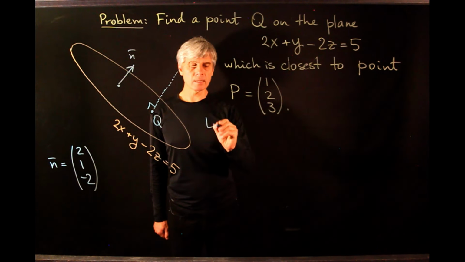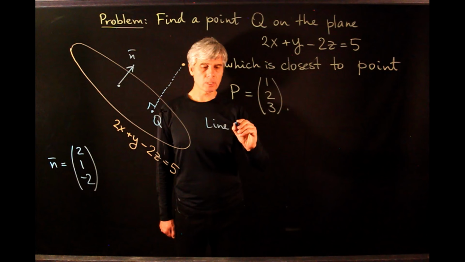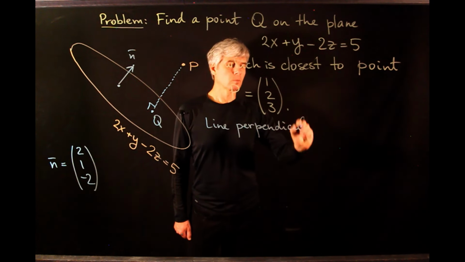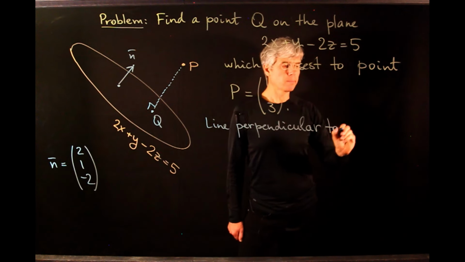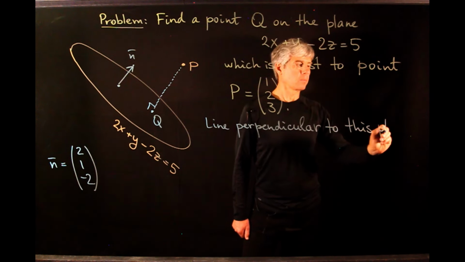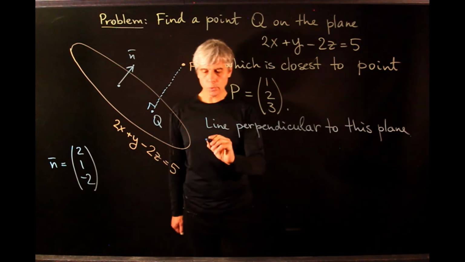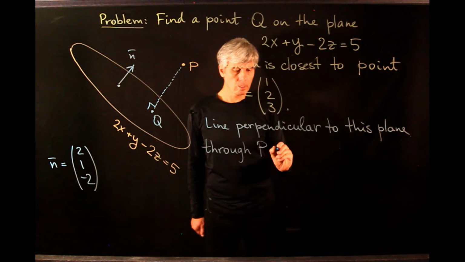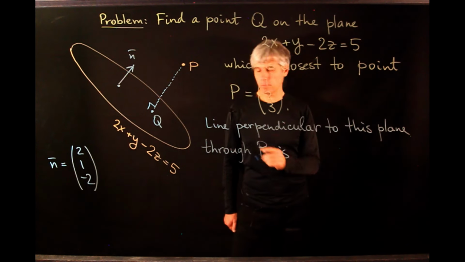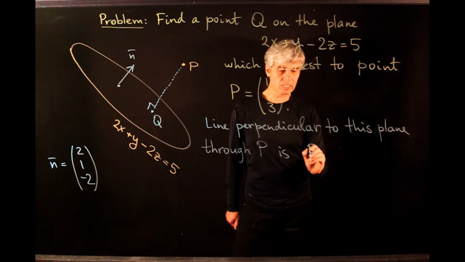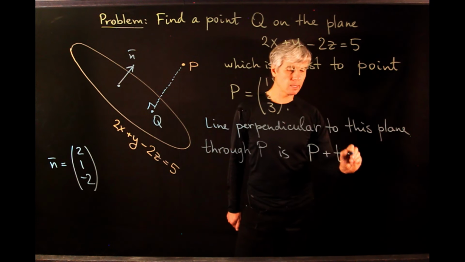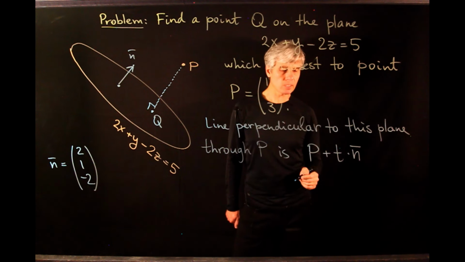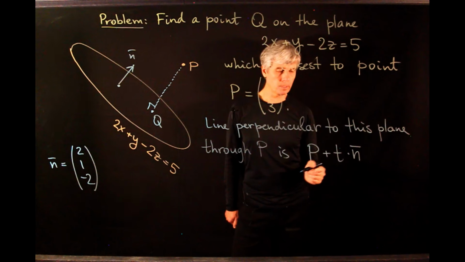So what we get is that the line which is perpendicular to this plane through the point P has the following parametric equation. It can be written as P plus t times n. Here n is the directing vector of this line and P is the initial point.